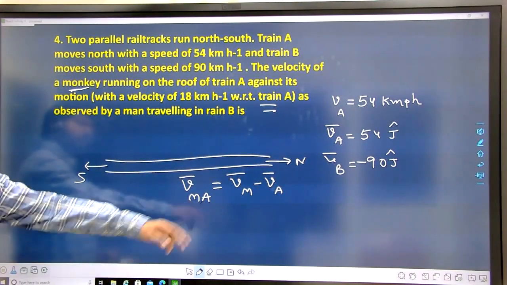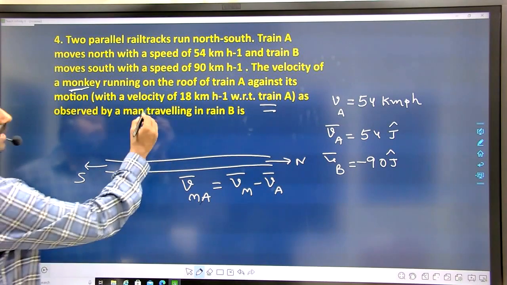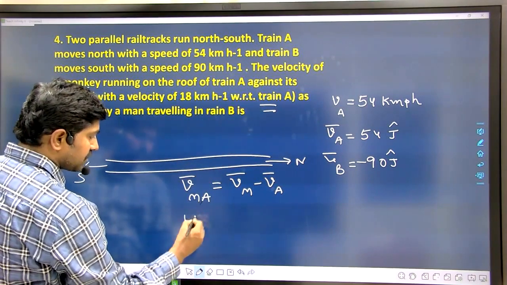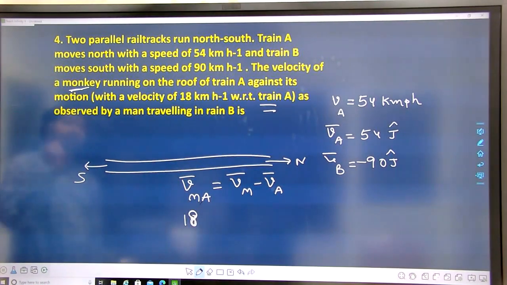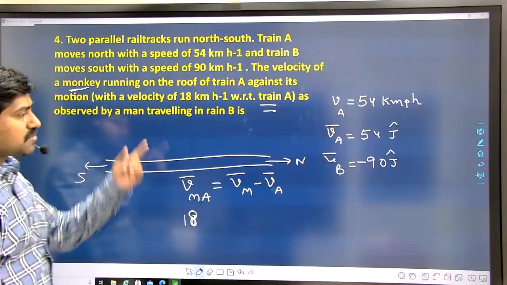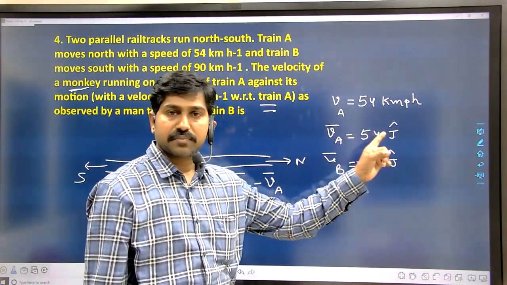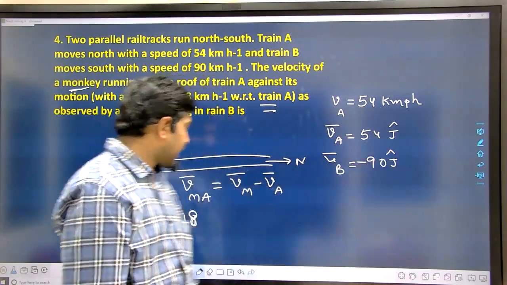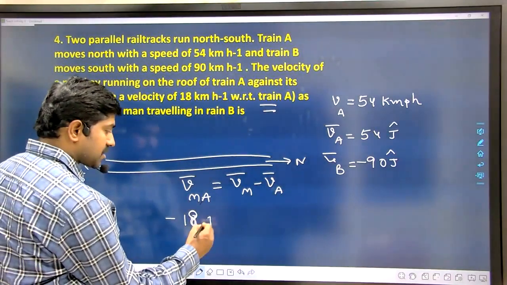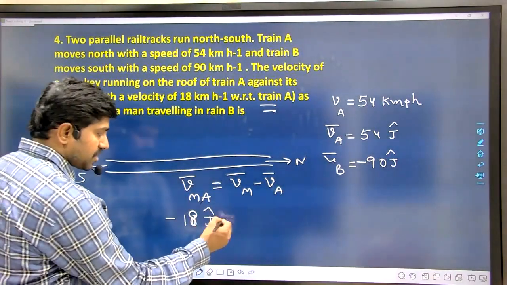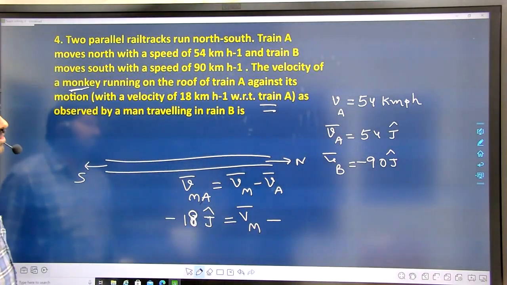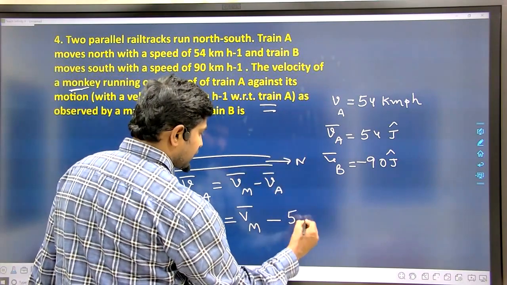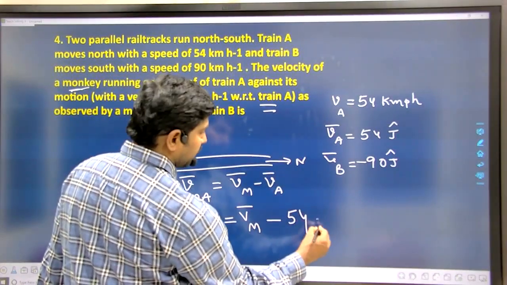Now, VMA bar is given, that is 18 km per hour, and it is running on the roof against its motion. The train A's motion was taken in the direction of north, that means j cap. And this will be minus j cap. This is equal to the velocity of monkey that we don't know, minus the velocity of train A, that is 54 j cap.